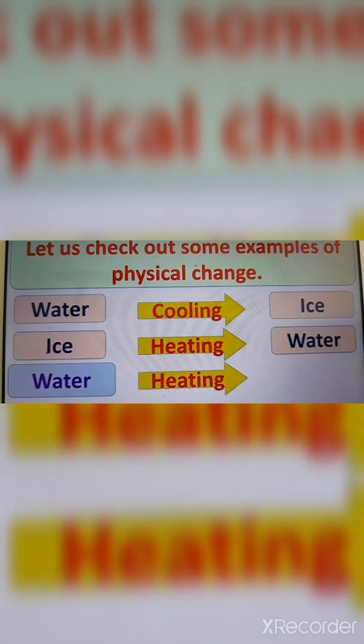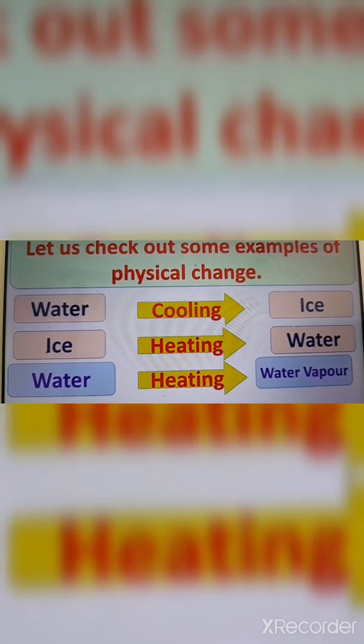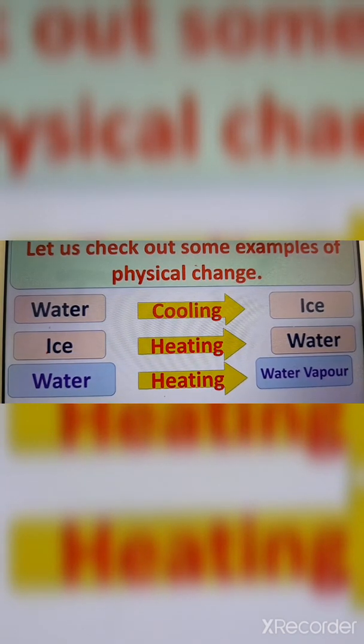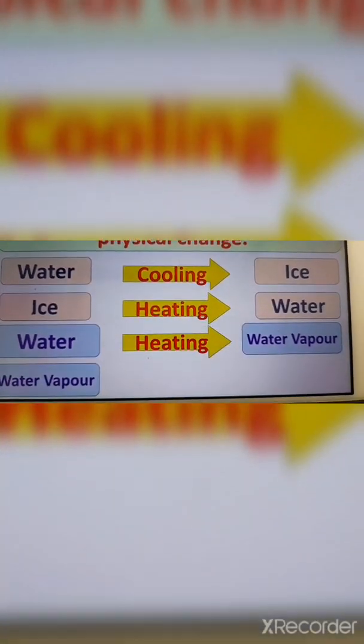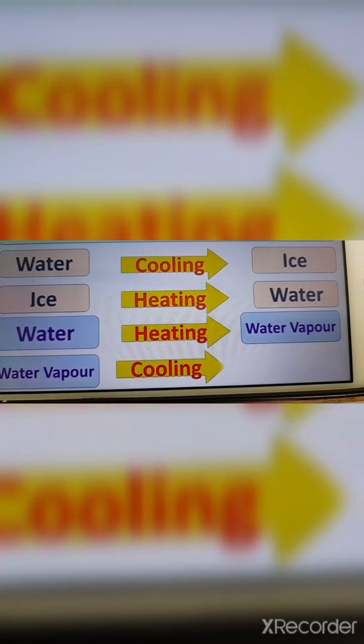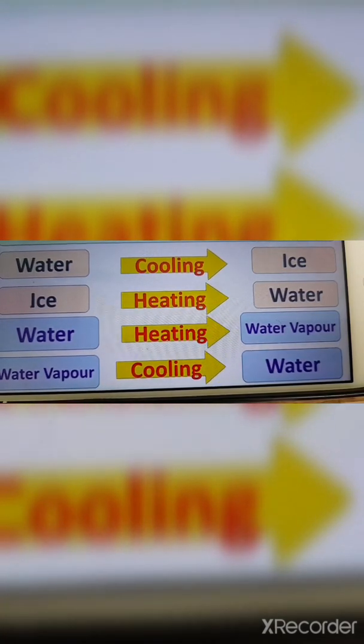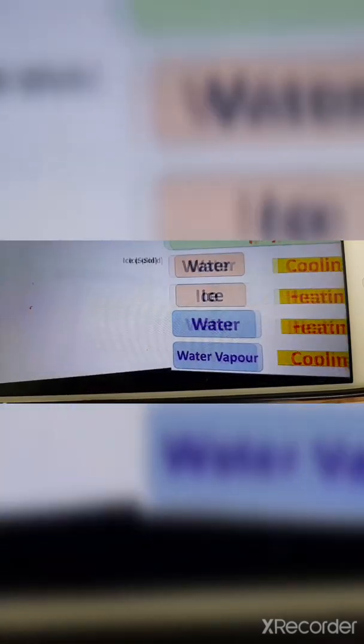It's reversible. And when we heat water, it converts into water vapor. And then the fourth example is when the water vapor cools, it converts into water. Fine. It is totally reversible. It means that a physical change is showing.